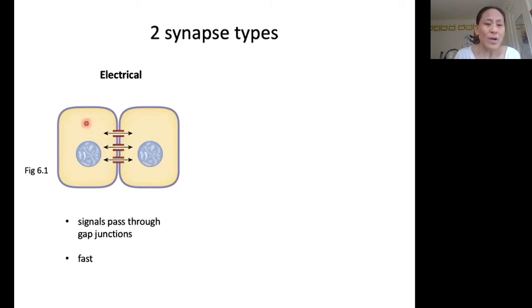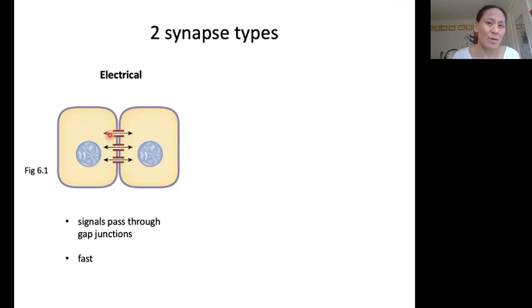So if you have one neuron connected to another neuron through a gap junction, what can happen is the ions from the one neuron can just go through the gap junctions into the other neuron. And in that way, they can carry a graded potential, maybe an action potential. It's as though these two cells were continuous.